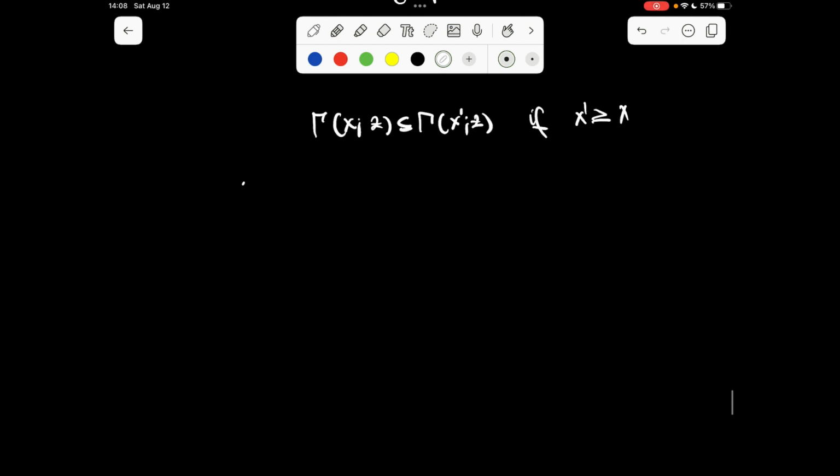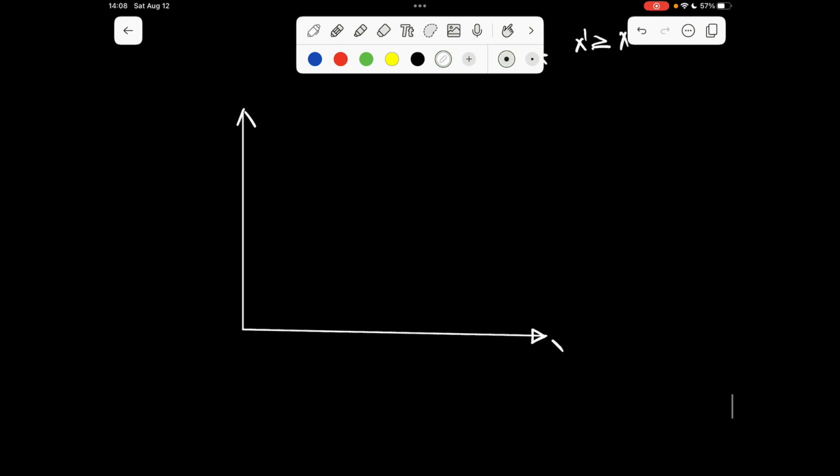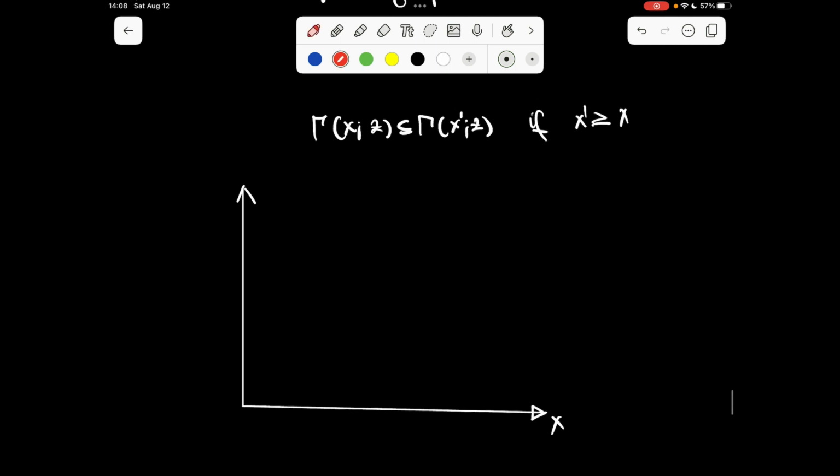Let me show you a very simple figure. The upper bound of the correspondence is m, which is constant.